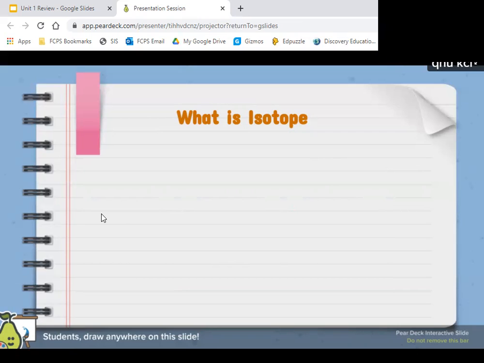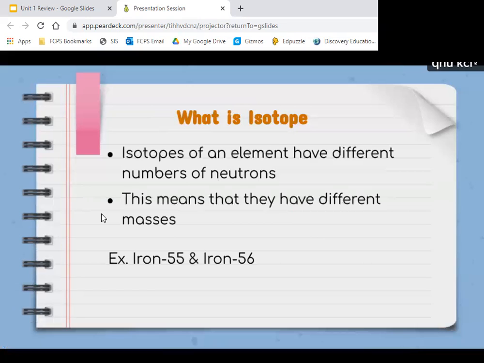Which one? Nope. Okay, so it's equal number of protons. Perfect. So it is an equal number of protons, but different number of neutrons and masses as well.